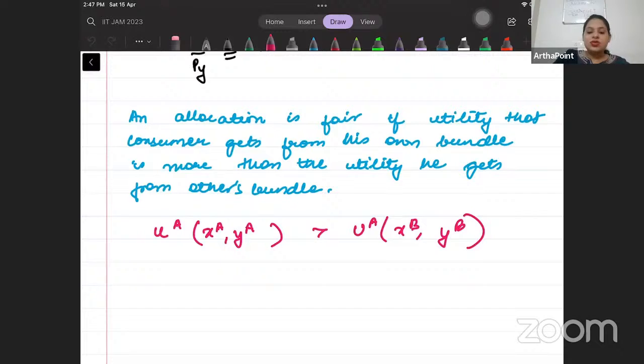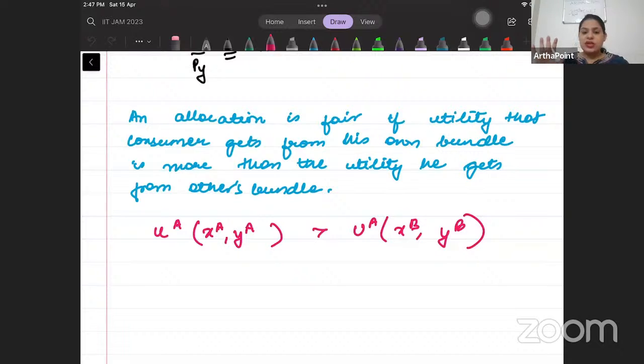So just think about this. I am already given the utility functions of the individuals. So if I were to go ahead and find what utility these individuals get from their bundles, and whether it is more or less as compared to others' bundle, I am done.